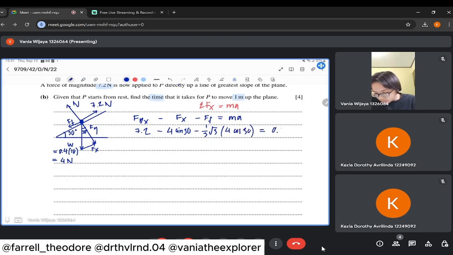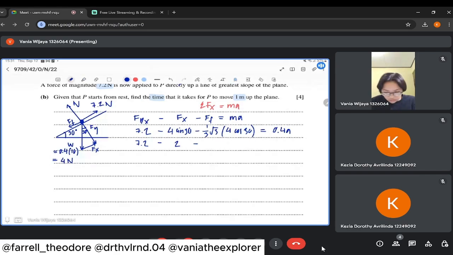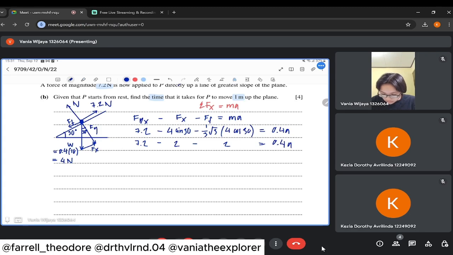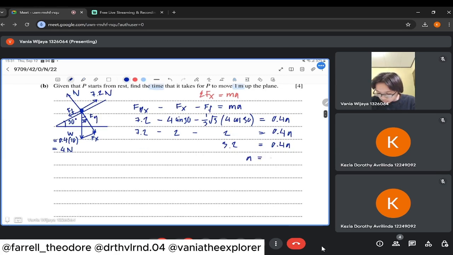And the mass is 0.4. 4 sine 30 is 2. 1 over 3 square root of 3 times 4 cos 30 is 2. This is going to be 3.2 equals 0.4a. Now a is going to be 8 meters per second squared.